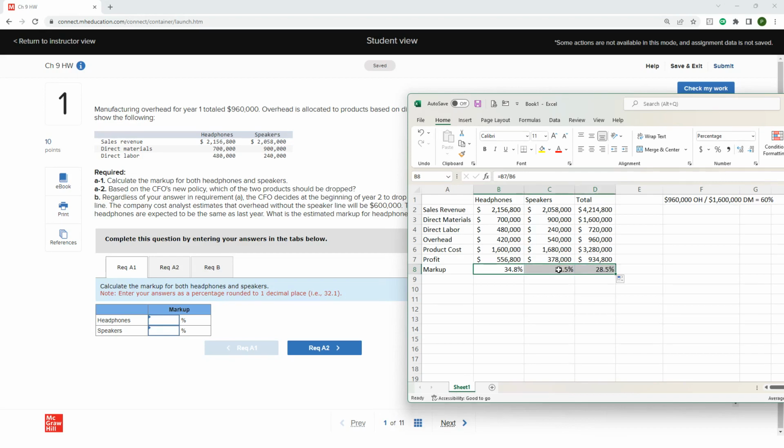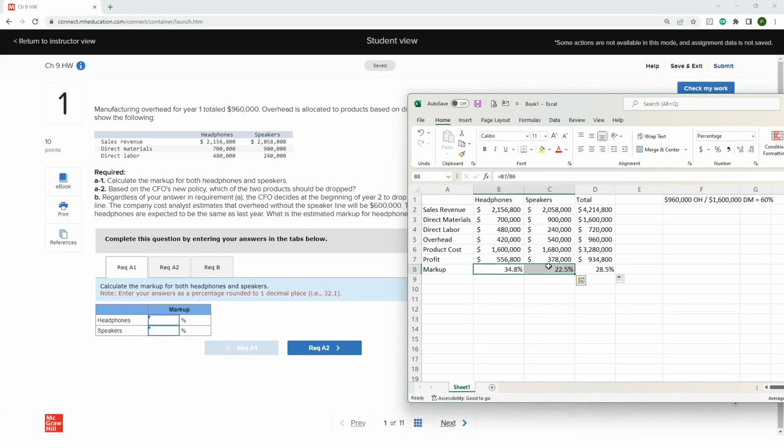So we have a markup of 34.8% for headphones, but only a markup of 22.5% for speakers for an overall markup percentage of 28.5%. So for part A1, we're going to enter these two figures, 34.8% and 22.5%.